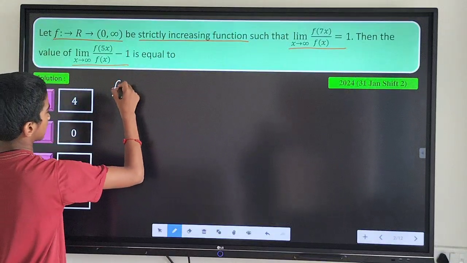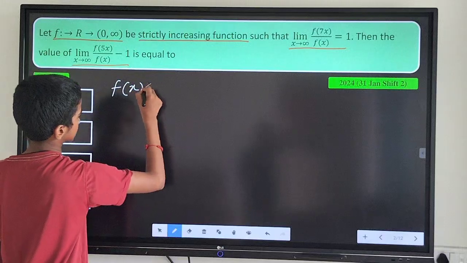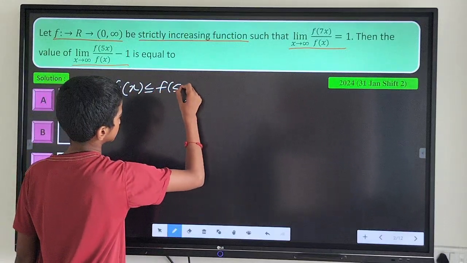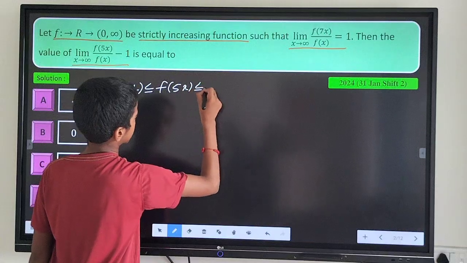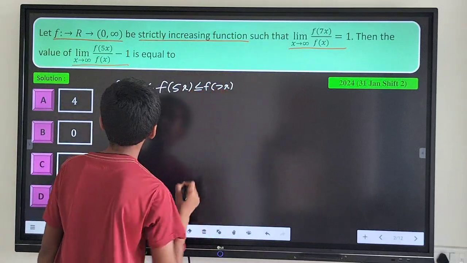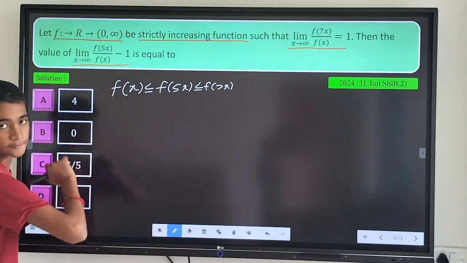So f of x is less than or equal to f of 5x, which is less than or equal to f of 7x. Now let's divide all sides by f of x.